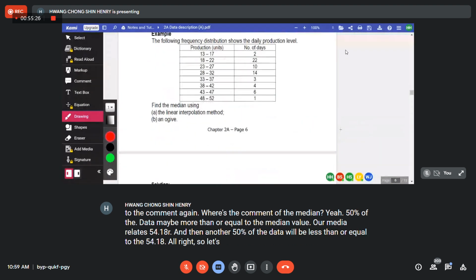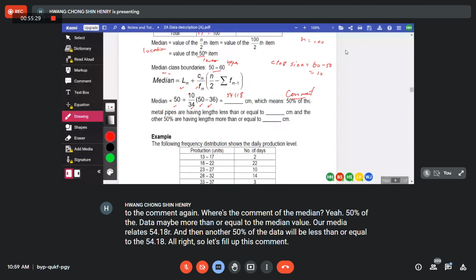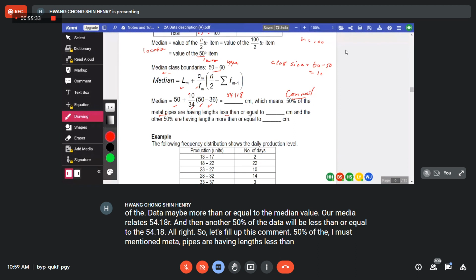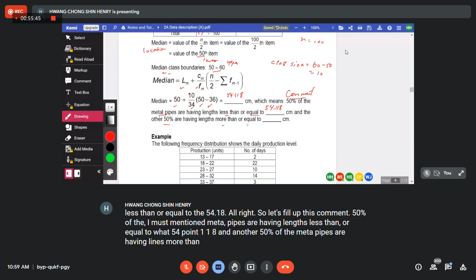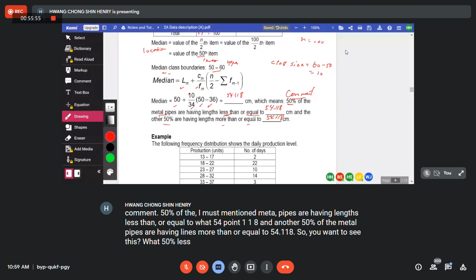So let's fill up this comment. You must mention that 50% of the metal pipes have lengths less than or equal to 54.118, and another 50% of the metal pipes have lengths more than or equal to 54.118. So you want to see these words: 50% less than or equal, another 50% more than or equal to the median.